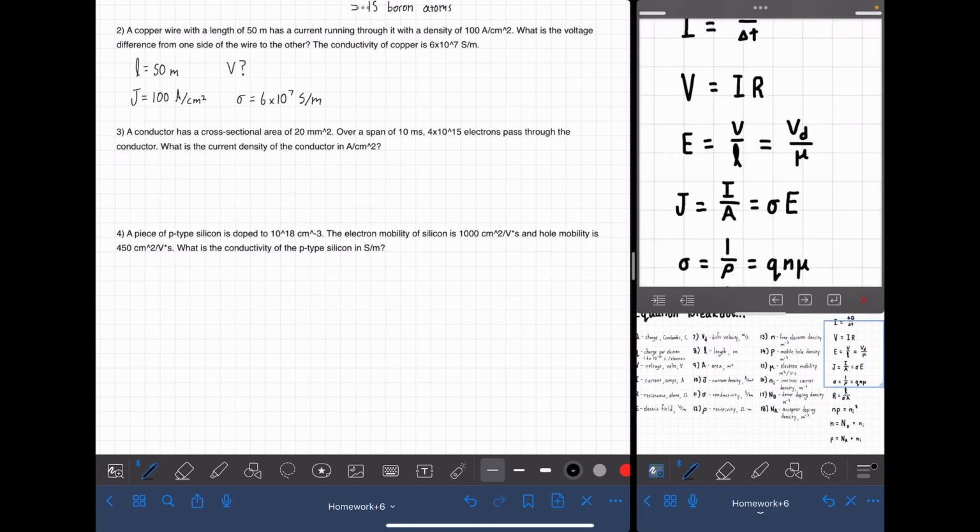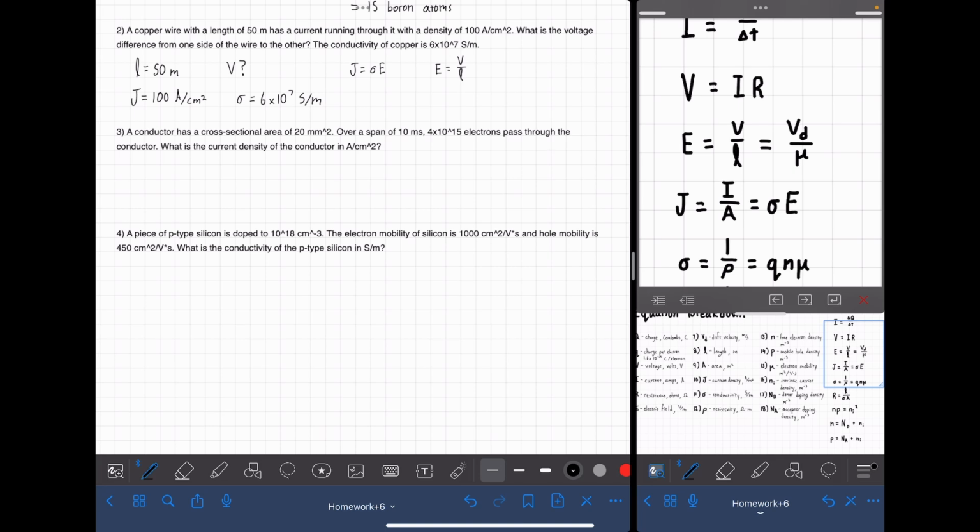We know that current density is equal to sigma times electric field. We don't have any information about the electric field, but just above this equation, we see that the electric field is actually equal to voltage divided by length, or distance.